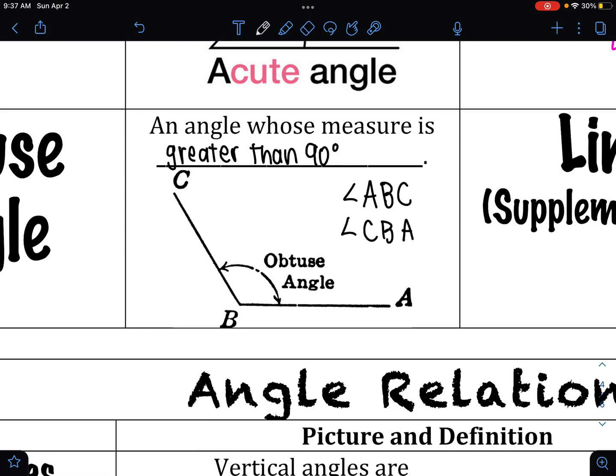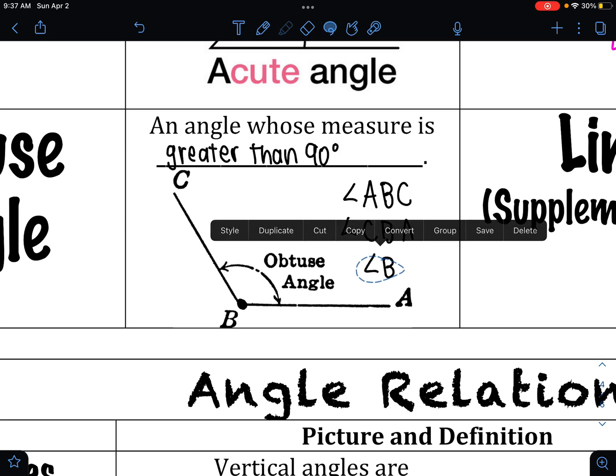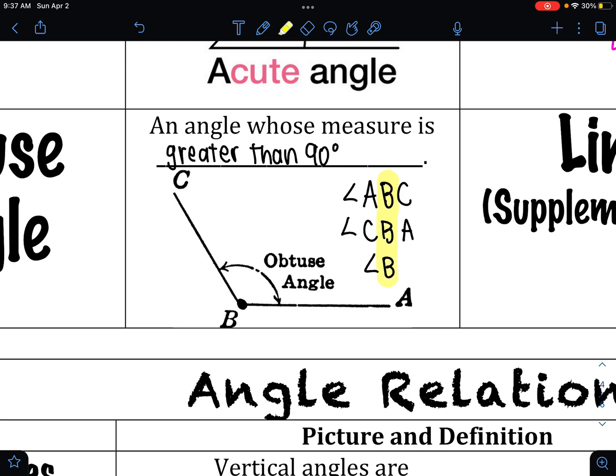One more label that we can give it is using the middle vertex, like I was saying. So we can also call this angle B. And if you'll notice, they all have in common that B, at least for the first two, B is in the middle. And then for the third one, it's the middle vertex.